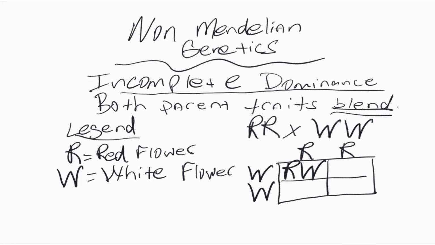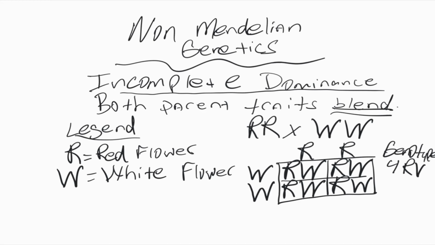So red and white forms a pink flower. R and W, pink. Students, for the genotype, we have 4 that are capital R, capital W. And for the phenotype, we have 100% pink.